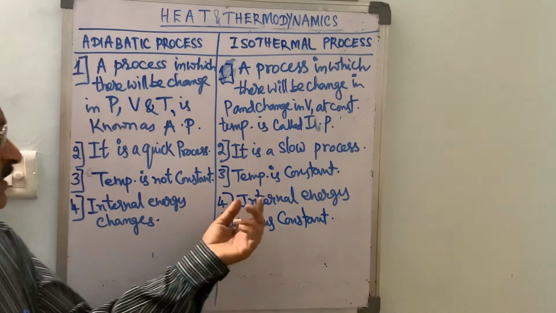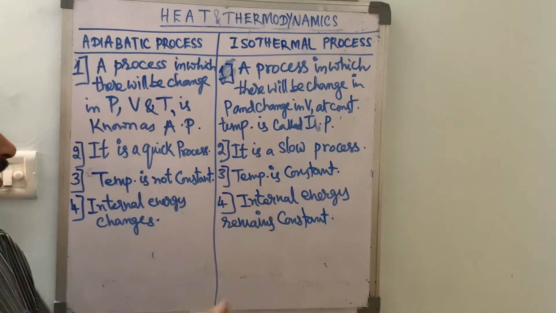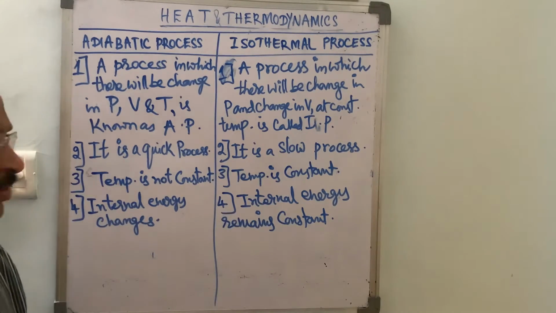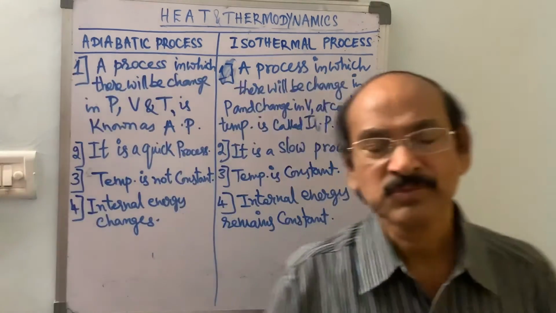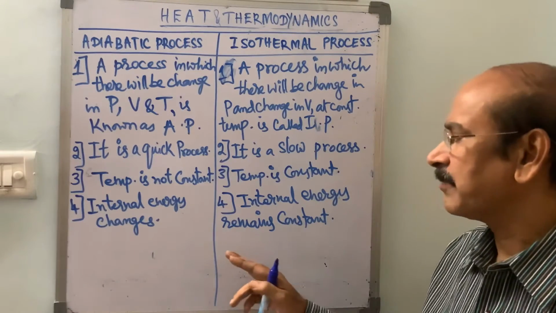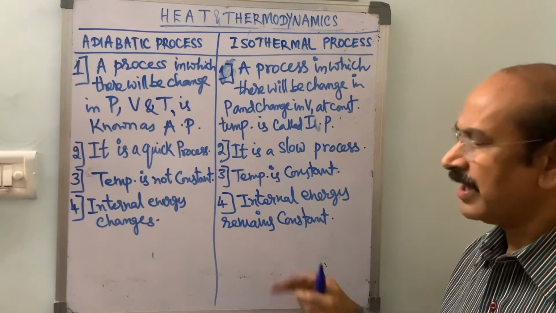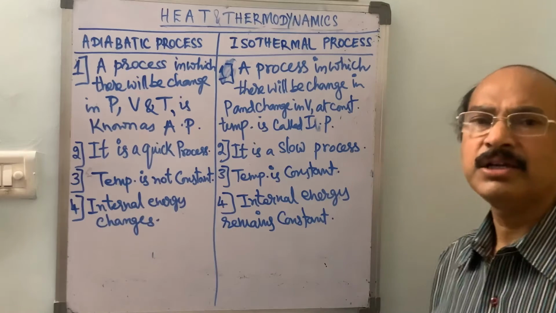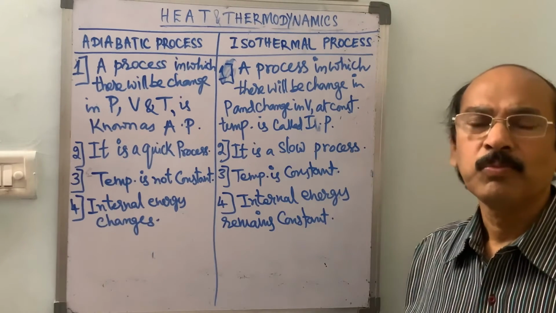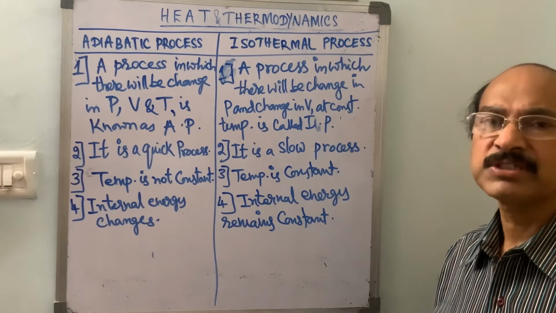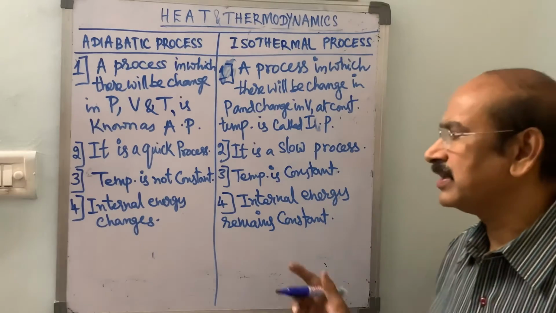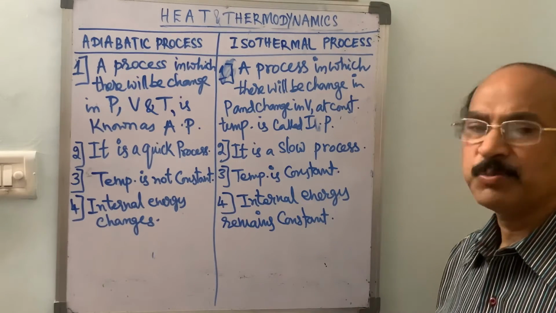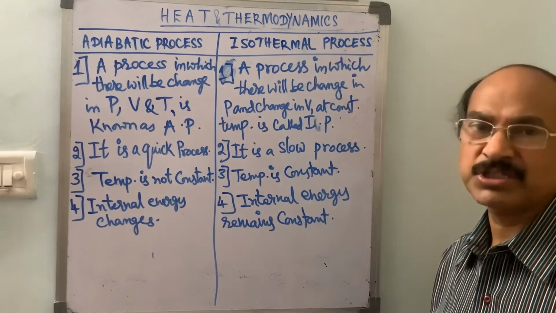Any gas, we know, consists of molecules which are in random motion. So they possess internal kinetic energy, and due to the molecular attraction forces between the molecules of the gas, it possesses internal potential energy.